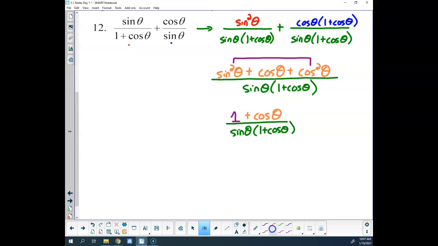And then you're saying to yourself, have I simplified all the way? Or can I simplify even further? The top has a 1 plus cosine, and the bottom has a 1 plus cosine. So those get canceled out. And that leaves me with 1 over sine of theta. Well, what's 1 over sine of theta?